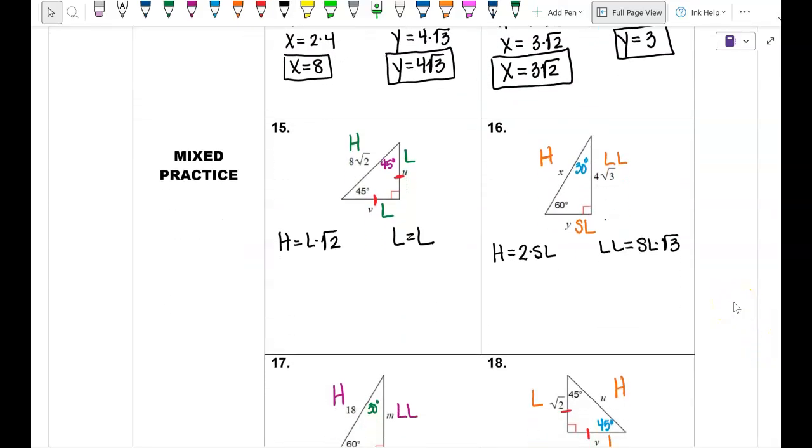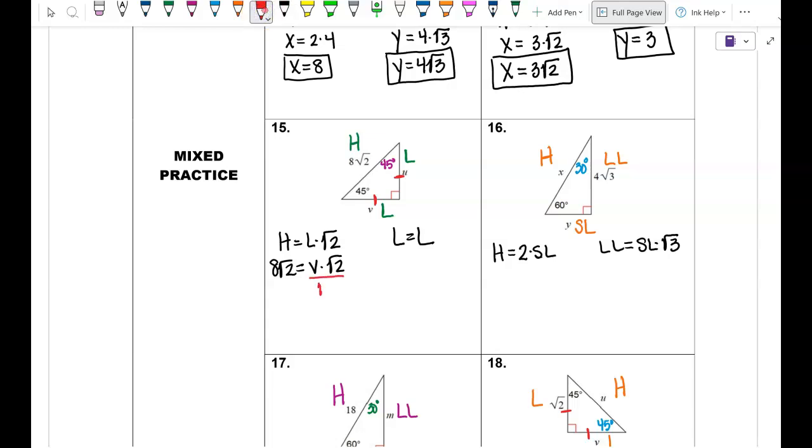All right, number 15. This time they gave me the hypotenuse. The hypotenuse is 8 radical 2 equals my leg. It doesn't matter if you use u or v in this case. I'm going to go with v times radical 2 because u and v will have the same measure.